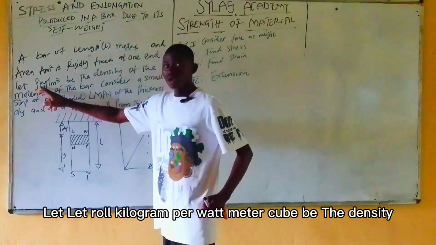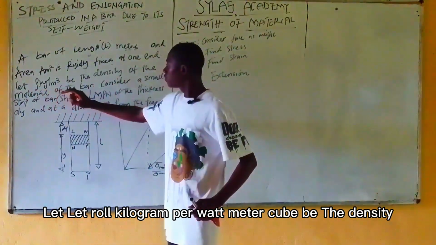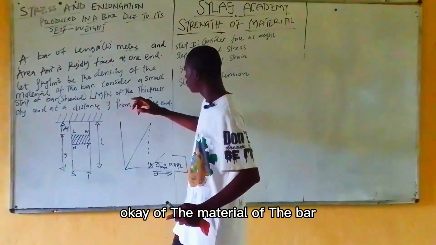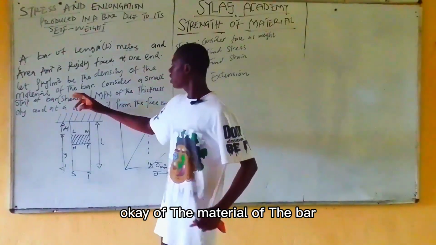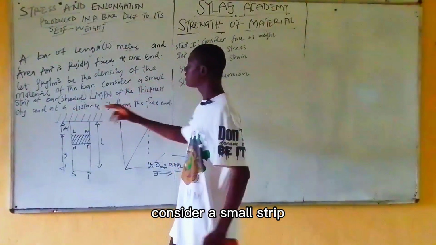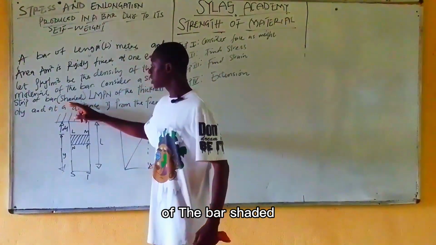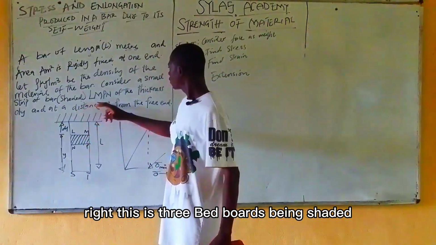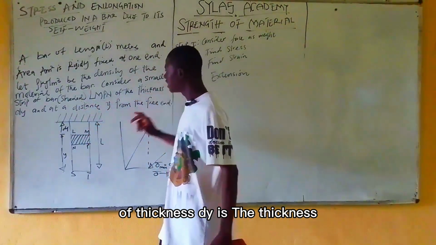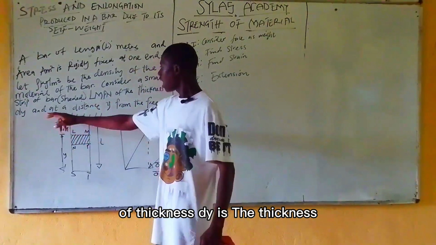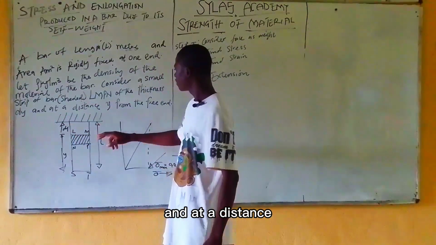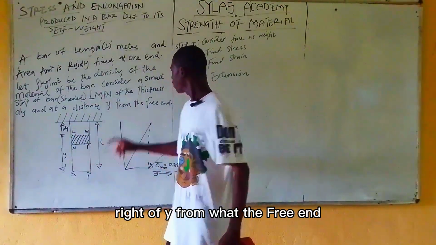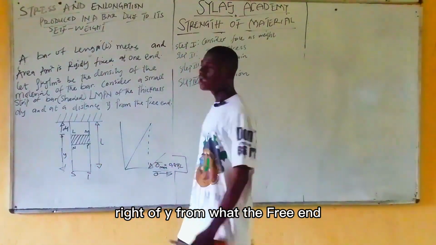Let rho, in kilograms per meter cubed, be the density of the material of the bar. Consider a small strip of the bar, shaded, of thickness dy and at a distance y from the free end.